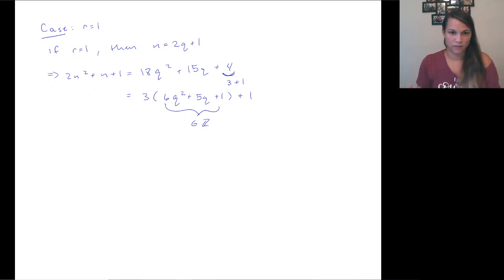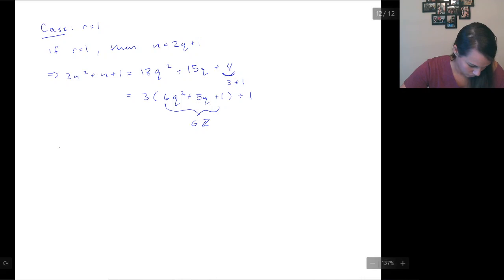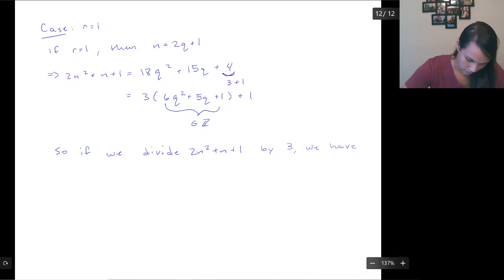And that's the case for n being divided by 3, having a remainder of 1. So if we divide 2n squared plus n plus 1 by 3, we have a remainder of 1.